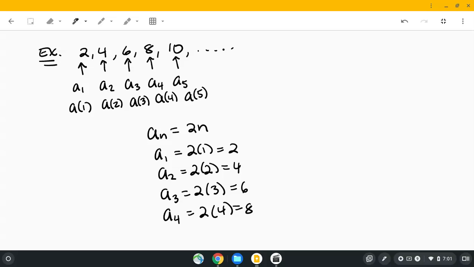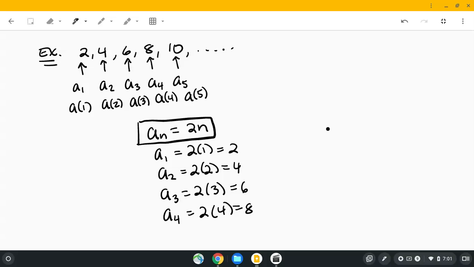So we see that this here is the nth term formula. If I wanted to find a term somewhere farther down the sequence, I don't have to keep listing them, adding and adding, or multiplying till I get there.